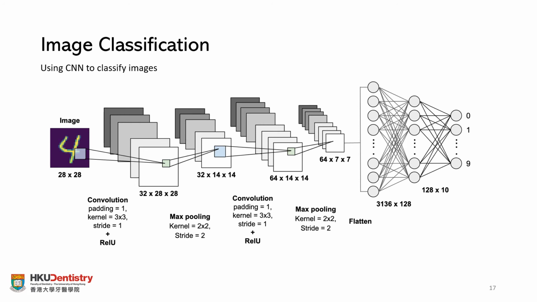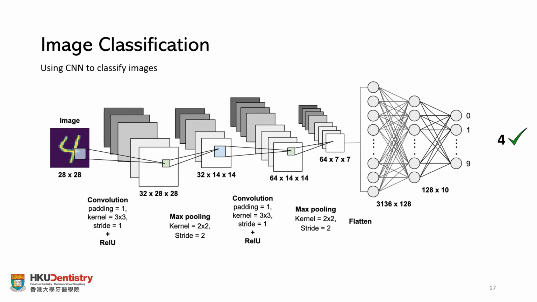For example, here you can see a convolutional neural network model, which is trained on the MNIST dataset, and we can use this model to predict the value shown in the image. For example, here the correct output value should be 4.